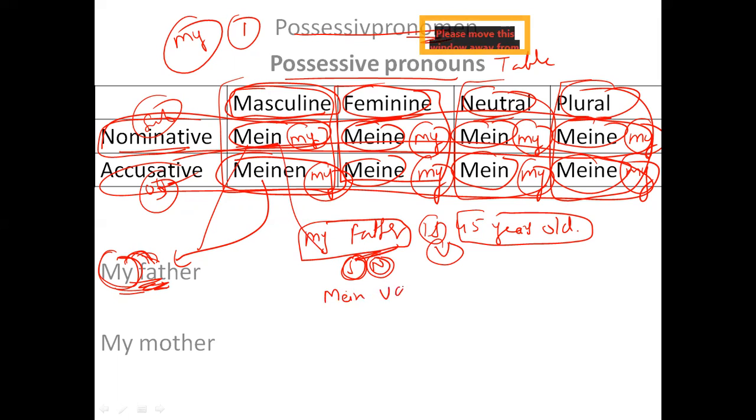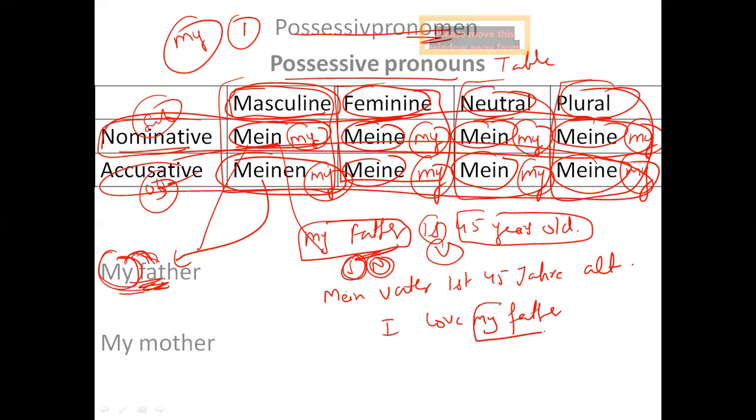Mein Vater ist 45 Jahre alt. But if I say I love my father, here also I have used my father. But here I is subject, love is verb, and my father is an object.